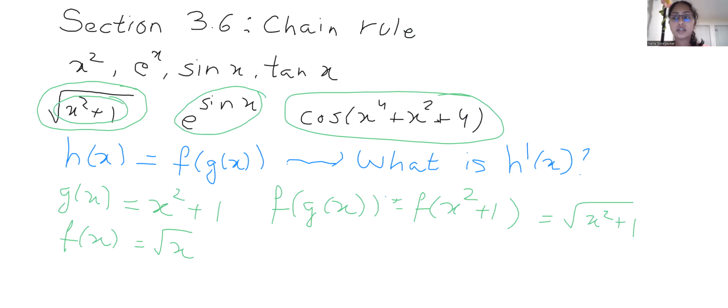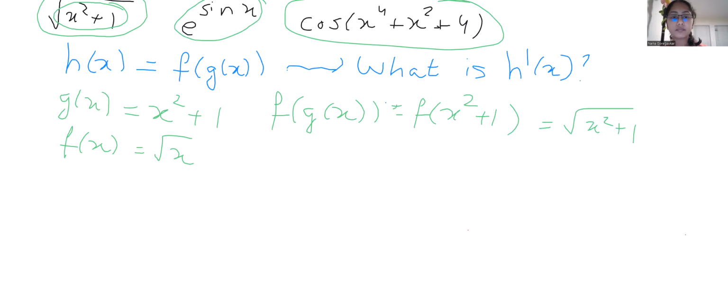Now that you can figure out what f and g are given a particular h, what is the chain rule?